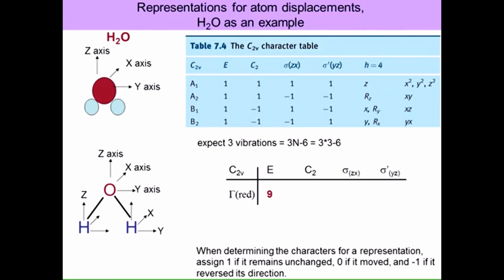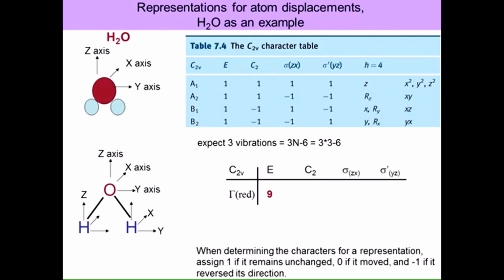Now let us move towards the C2. Once you perform C2 along this z axis, what would happen first? You will see this H is going to shuffle here, and this one is going to sit here. So both H are going to be changed, so the contribution will be 0. The only thing which is going to remain unchanged with respect to atoms is oxygen. Now we come to the axes. If you rotate along this C2, what would happen?